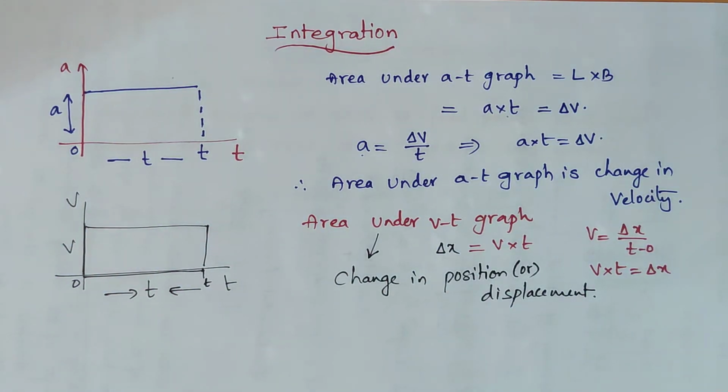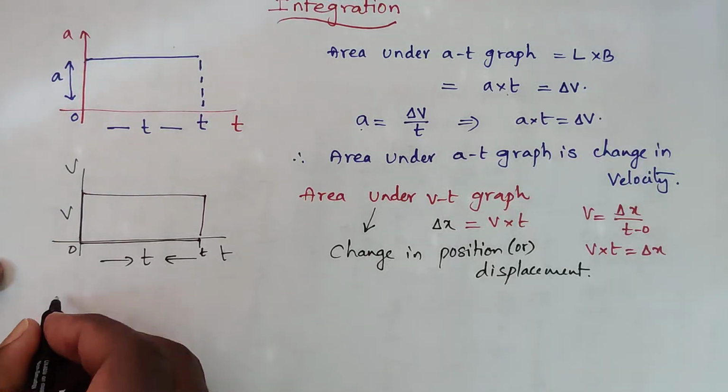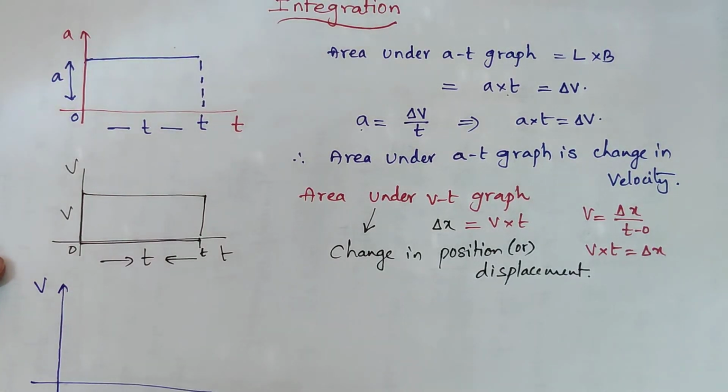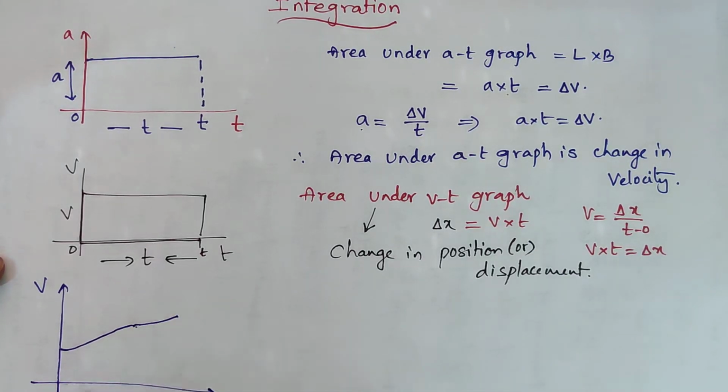Okay. Now see, if the VT graph is looking like this, we can find out the area directly because it is the shape of a rectangle. Now what if the VT graph is not a regular shape? In that case, like this, if VT graph is in this shape, it is not a regular shape.